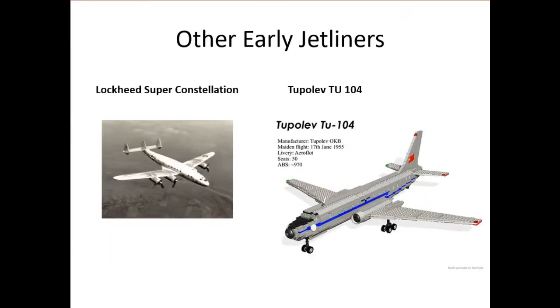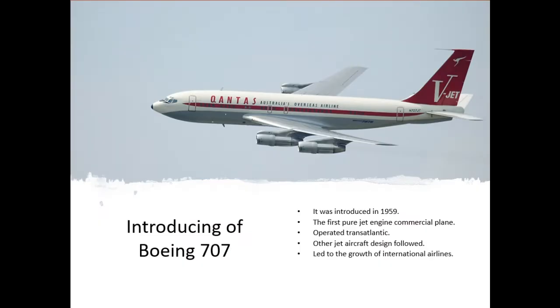Other than Lufthansa, we also had other aircraft, which you are seeing again in the picture, like the Lockheed Super Constellation and Tupolev Tu-104. So basically you can see that the number of seats is very limited, and they were not designed to carry as many passengers as Boeing can carry.